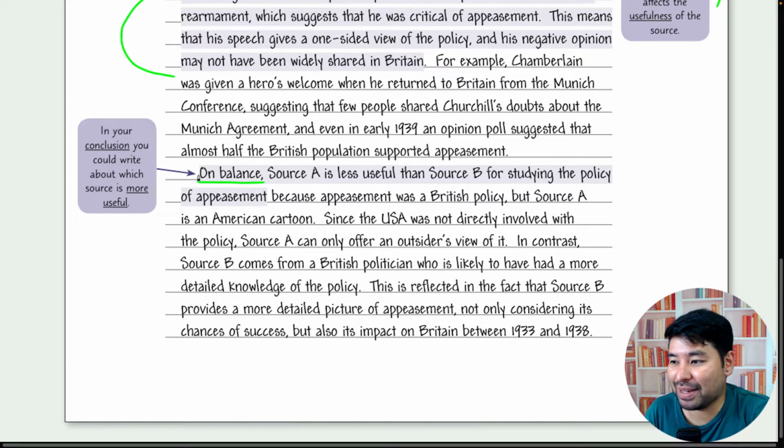Interesting. In contrast, source B comes from a British politician who is likely to have had a more detailed knowledge of the policy. This is reflected in the fact that source B provides a more detailed picture of appeasement, not only considering its chances of success, but also its impact on Britain between 1933 and 1938.